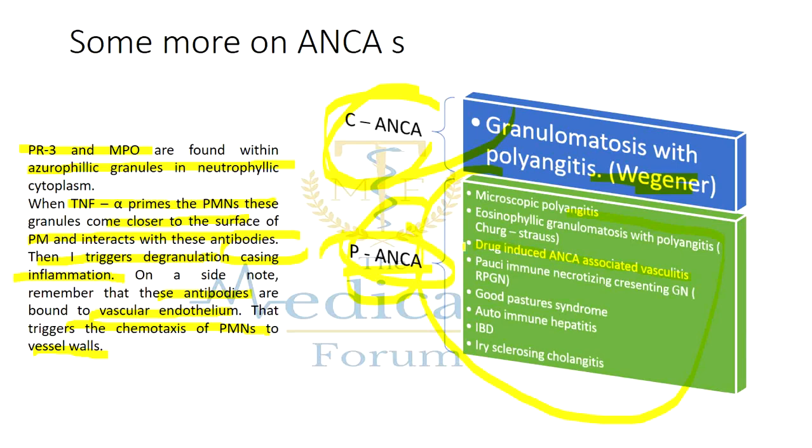Yes, this is what I'm talking about. Pauci-immune necrotizing crescentic glomerulonephritis. It's also called rapidly progressive glomerulonephritis. Goodpasture syndrome, autoimmune hepatitis, inflammatory bowel disease, primary sclerosing cholangitis. Man, it's a mouthful. So you know all of them are in P-ANCA, only one in C-ANCA.